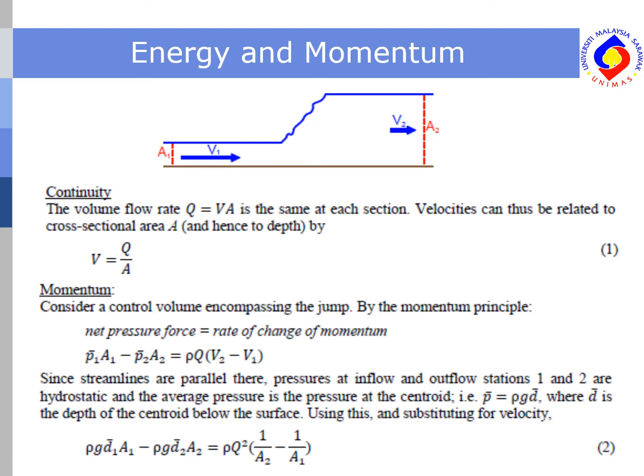In terms of the momentum, we need to consider the momentum principle, which is that the net pressure force will be equal to the rate of change of the momentum.